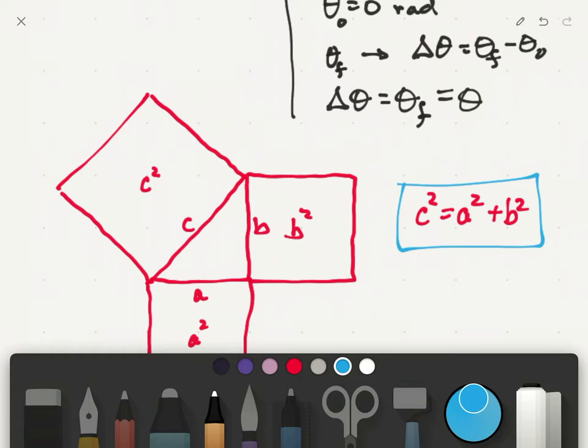With this equation, we can write c squared is equal to a squared plus b squared, and we could take the square root. All right?